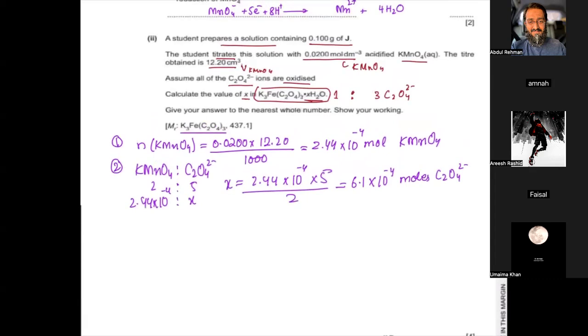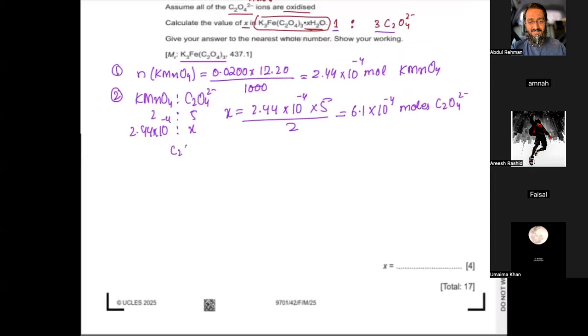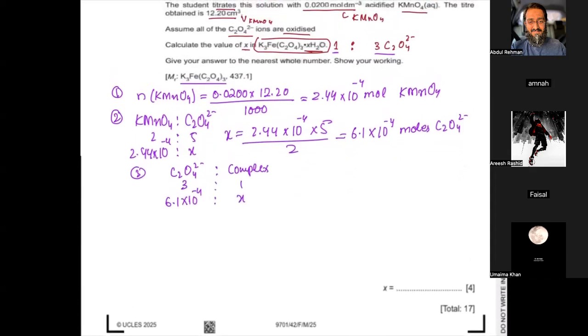Now, we have identified that 1 mole of a complex has 3 moles of C2O4. So C2O4 2 negative is to complex, the ratio is 3:1. So if we have 6.1 exponent minus 4 moles of this, then how many moles of complex would be? The moles of complex would be X. So X is equal to 6.1 exponent minus 3 divided by 3.